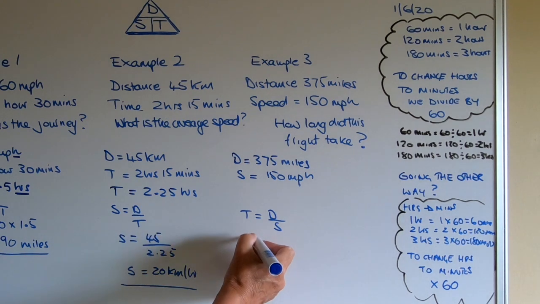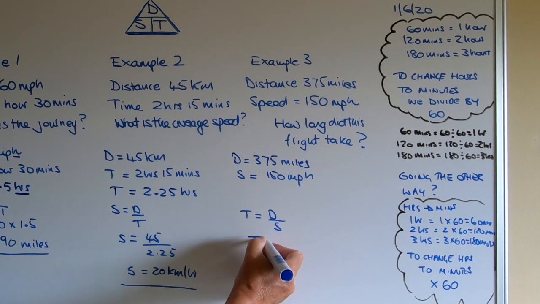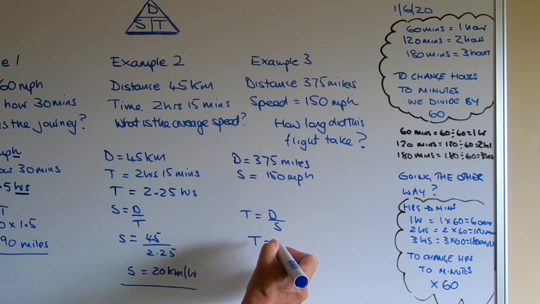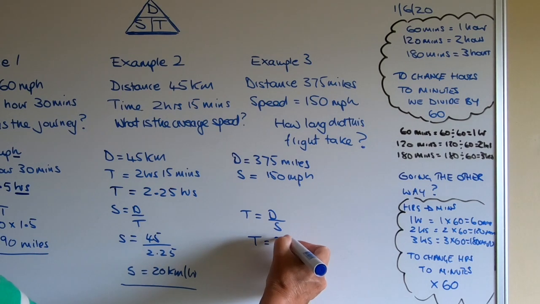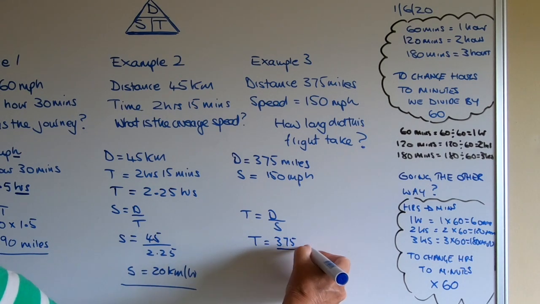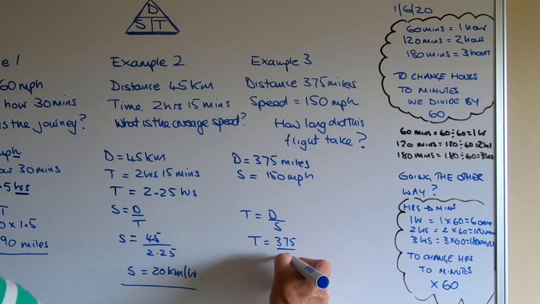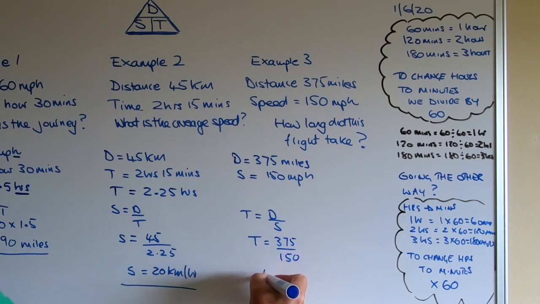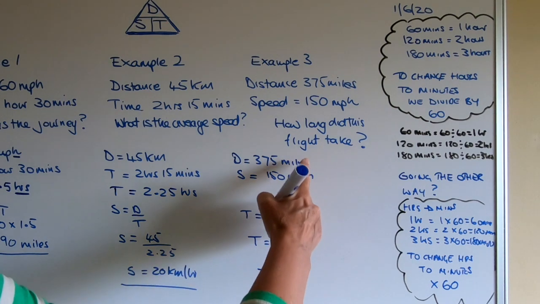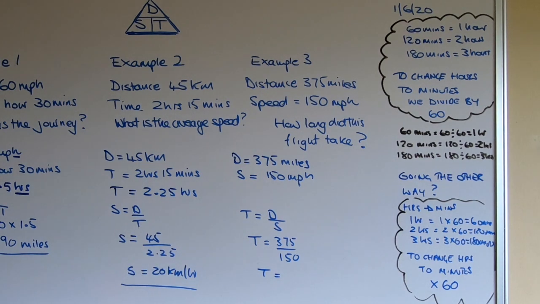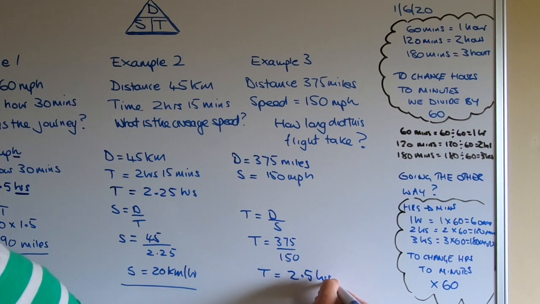Our first line of working, T equals D over S to select the correct formula, and the distance is 375 over 150, so no units at all in there, units going at the end, and we've already said that it's hours, so it would be 2.5. If you put that into your calculator, 375 divided by 150, you would get 2.5 hours.